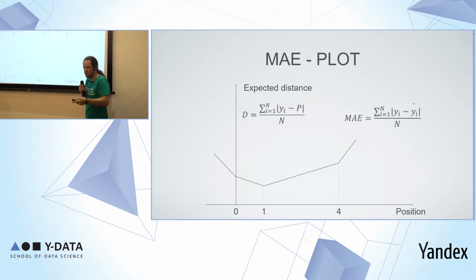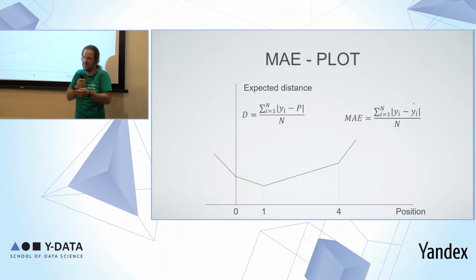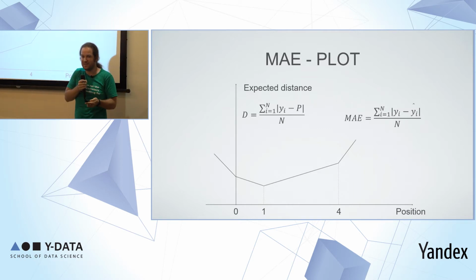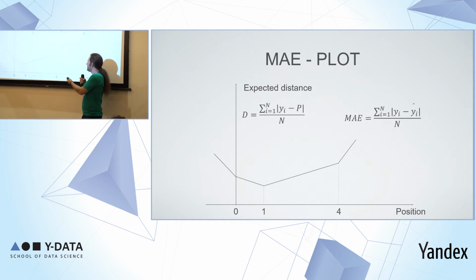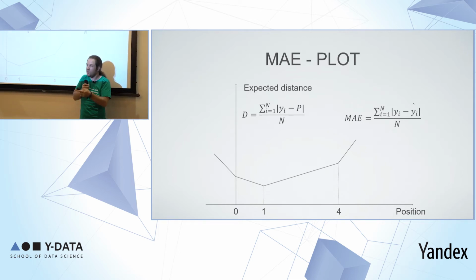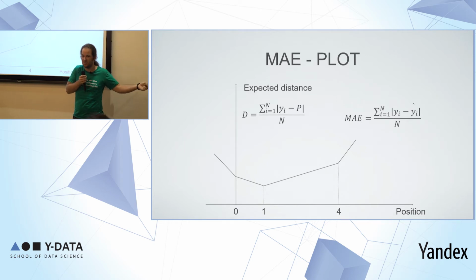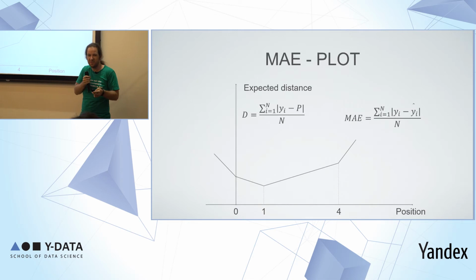If you interpret these signums, it's the number of points on the left minus the number of points on the right. If you try to optimize this, it gives you the median value, because the optimal value would be when the derivative is around 0, and that means the same number of points on the left and the same number of points on the right. Is it better now? Yeah, great.